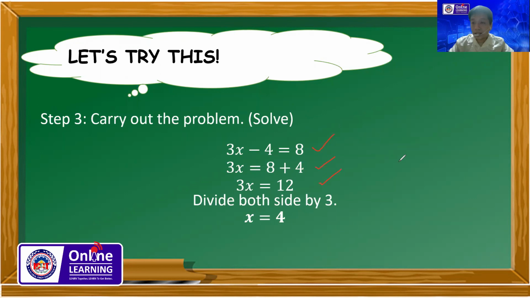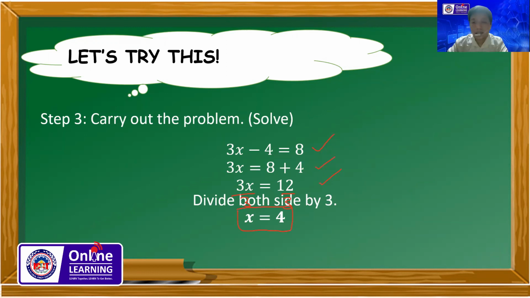Then after that, to get x, just simply divide both sides by 3 for us to retain the variable x. You will come up with the value for x equals 4. Just simply 12 divided by 3. So the answer is x equals 4.